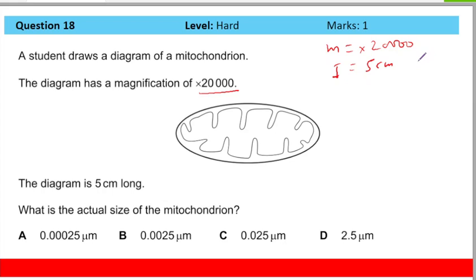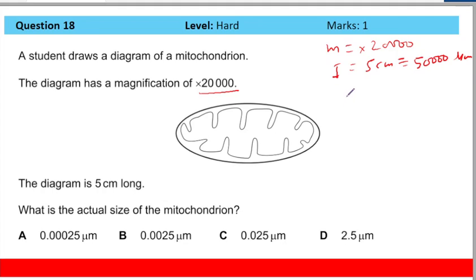Change it into micrometers because all the options are in micrometers. First change centimeter to millimeter: 1 centimeter is equal to 10 millimeters. Then we multiply by 1000 to convert it into micrometers.